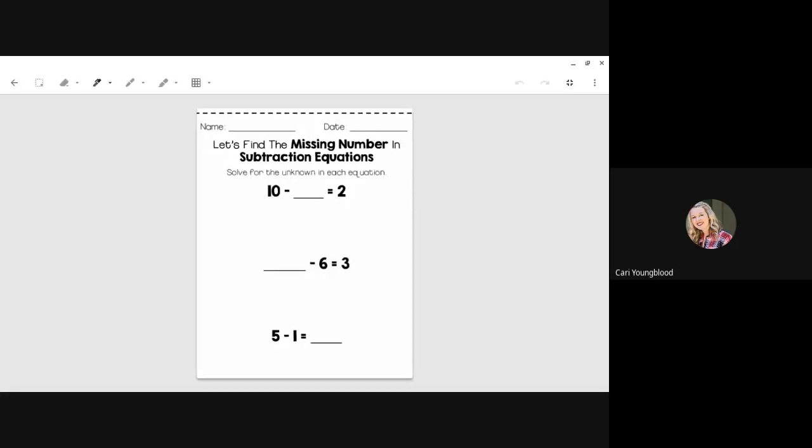So for this first one and the second one, I want you to try flipping to addition. For this last one, you can just draw a picture, or if you know that inside your head, you can just go ahead and do it in your head. All right, so pause it here, solve those 3 equations. Make sure you use switching to addition for the first one and the second one, please.